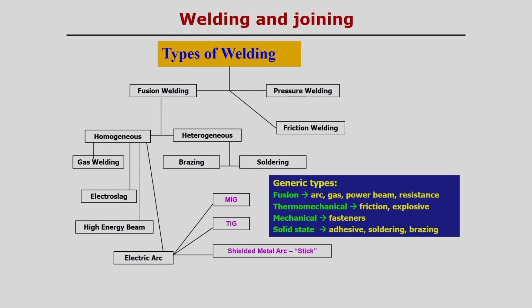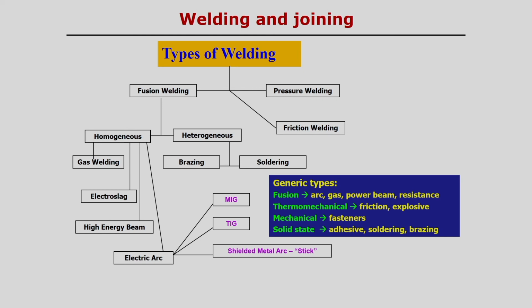Now, the generic types: in fusion welding process, definitely melting of the materials is required. So, then arc welding process, where an electric arc is created, then gas welding process, where gas is used as the source responsible for the generation of heat.